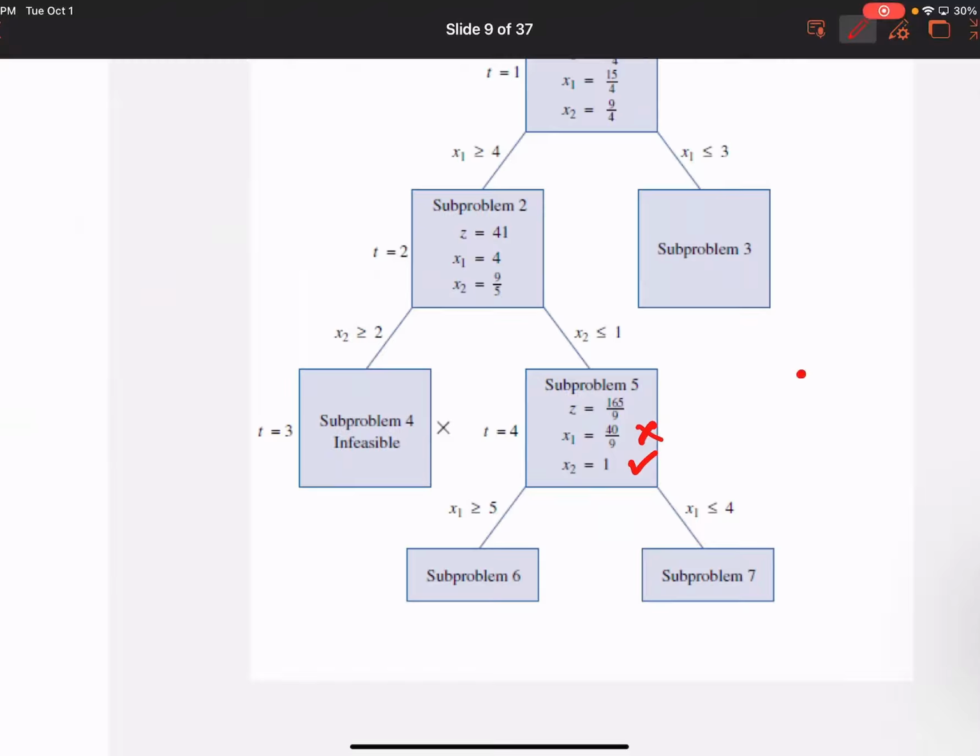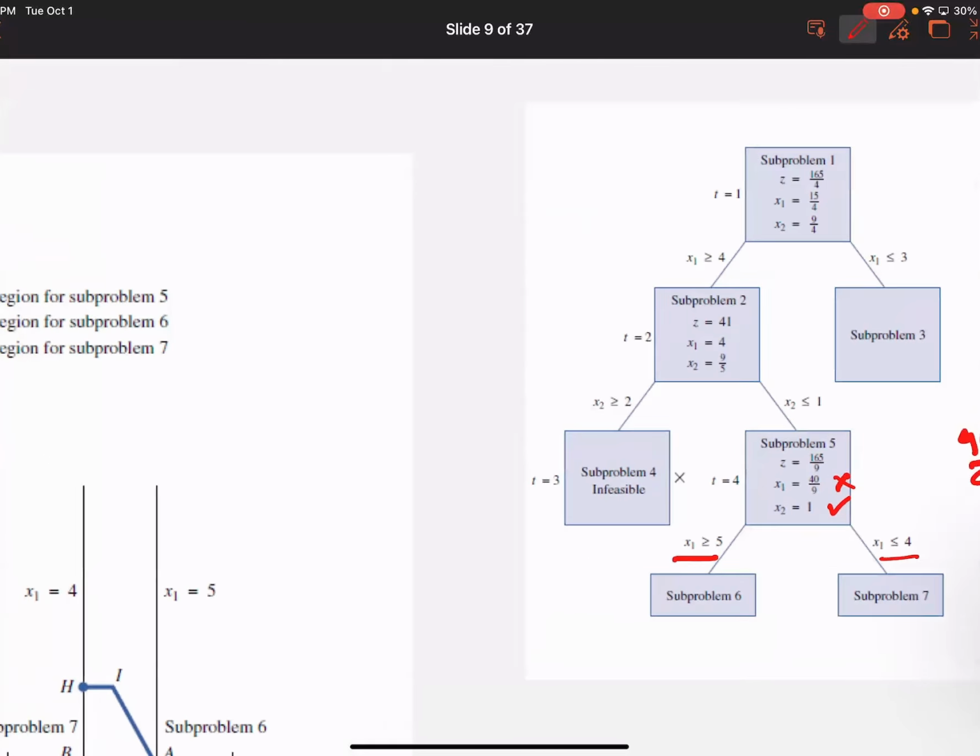It's 40 over 9, which is what? 4 point something, right? It's between 4 and 5. So it's x1. One constraint, x1 greater than or equal to 5, the other x1 less than or equal to 4. So problems 6 and 7.